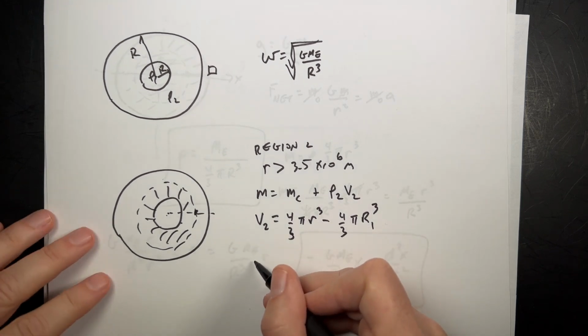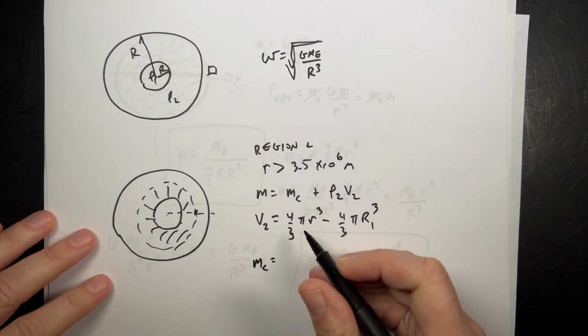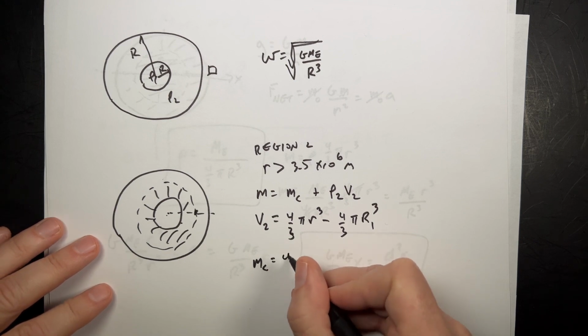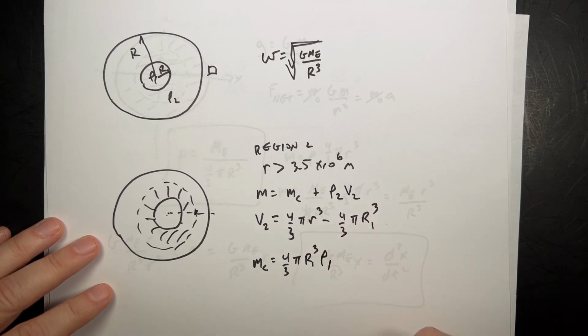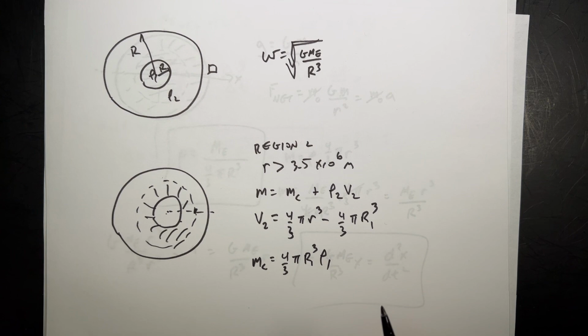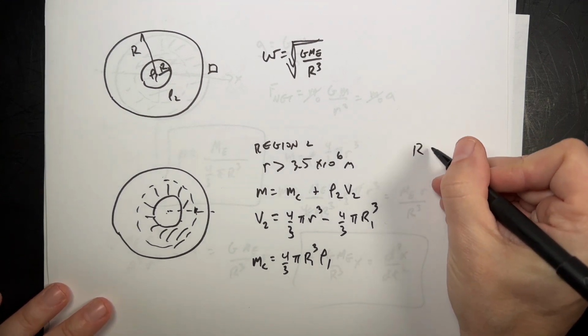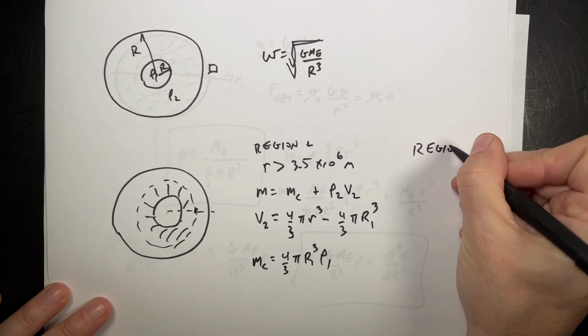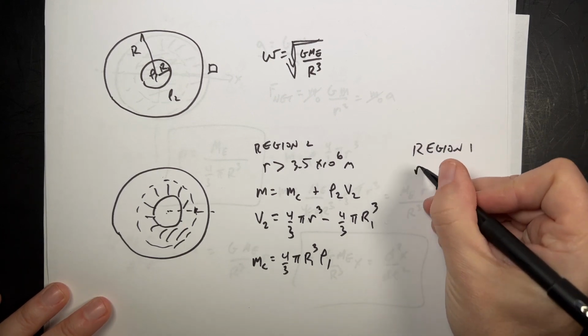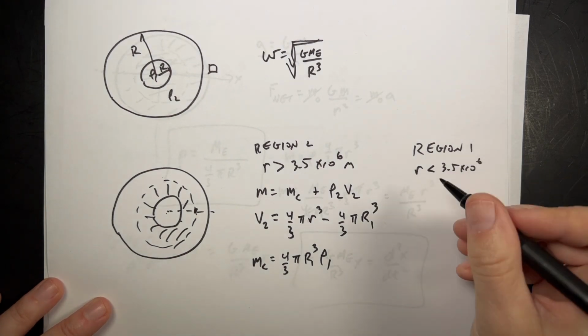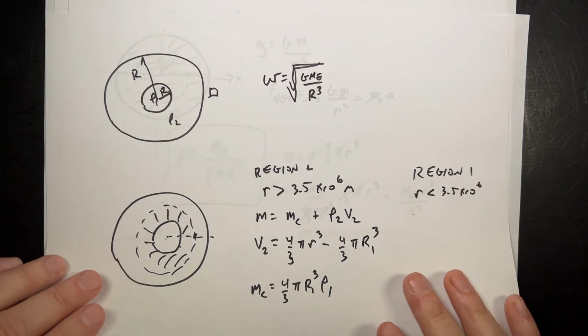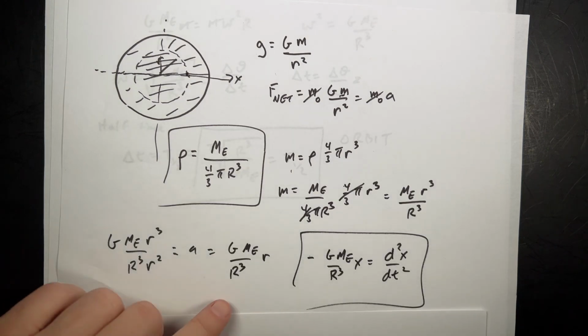And then I can say the mass of the core is equal to 4/3 pi r1 cubed times rho 1, the density of that. Now, once I get to region 1, which is the inner side, so r less than 3.5 times 10 to the 6 meters, I use the same method I had before.